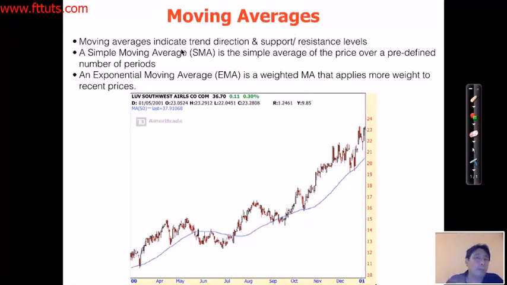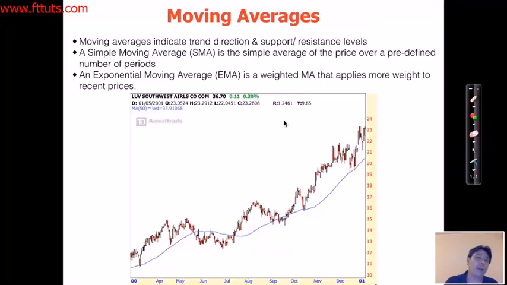There's no right or wrong. They both have pros and cons. EMAs tend to react faster to price movement. They tend to change according to the price movement faster, but they tend to be less stable. They tend to give more false signals. So I tend to use simple moving averages when I look at 50, 100, 150, and 200 moving averages. In other words, the longer moving averages.